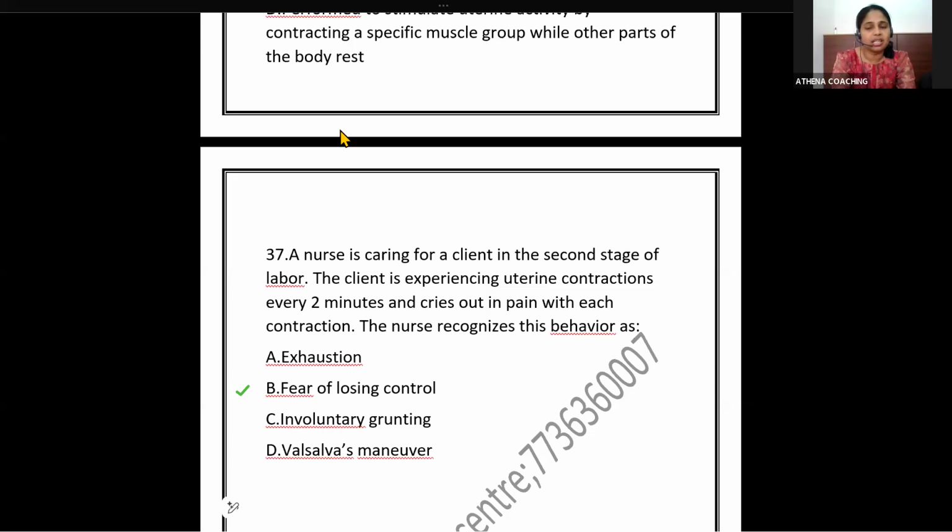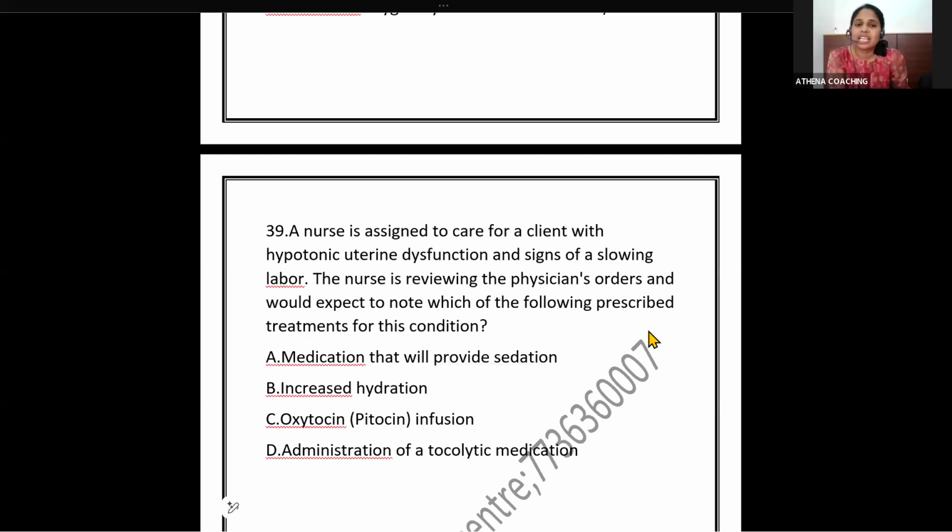Look at the next question. The nurse is assigned to care for a client with hypotonic uterine dysfunction and signs of slowing labor. The nurse is reviewing the physician order and would expect to note which of the following prescribed treatments for this condition. Here there is uterine dysfunction and the contractions are much lesser, which is why it is called hypotonic contraction.